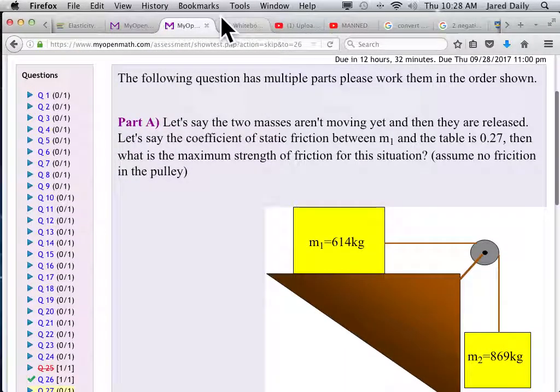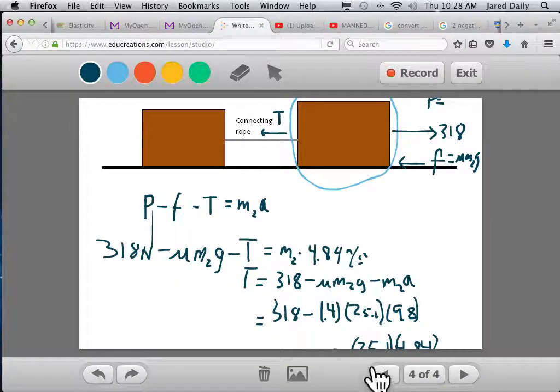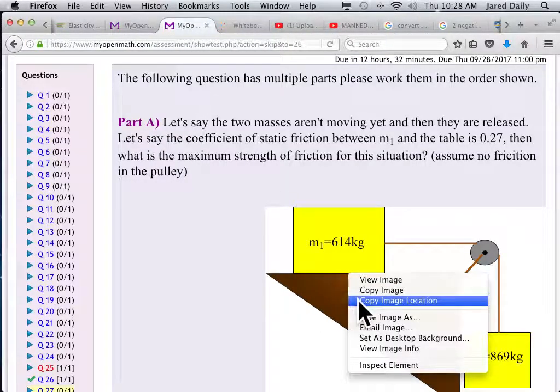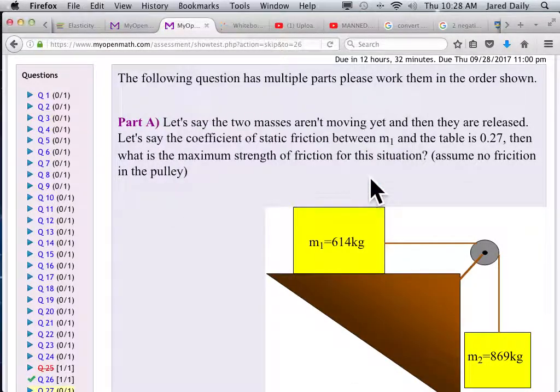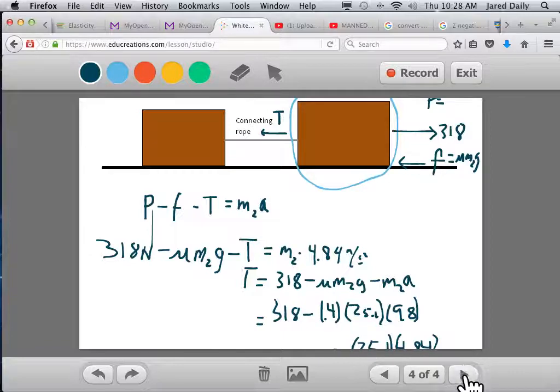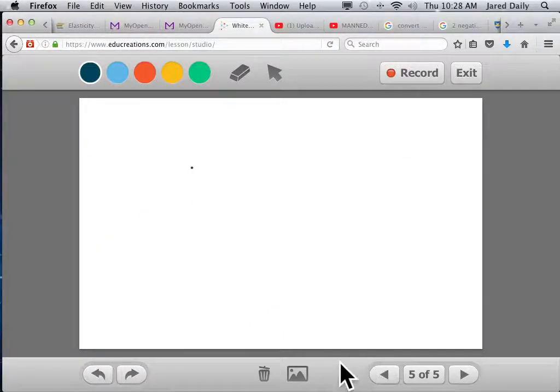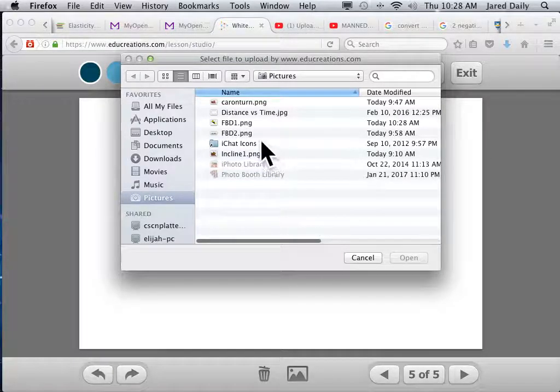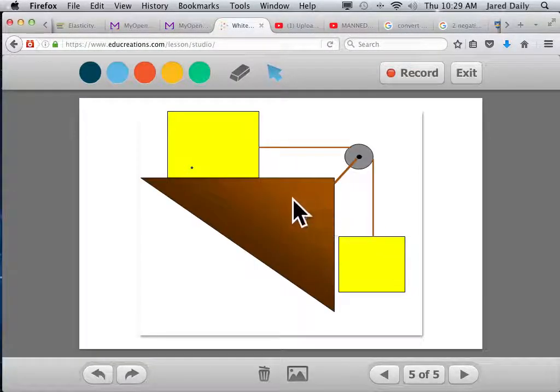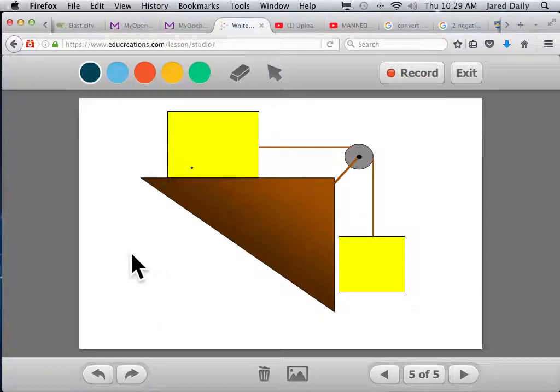So for static friction, what's the equation? It's friction static equals mu static times normal force, right?